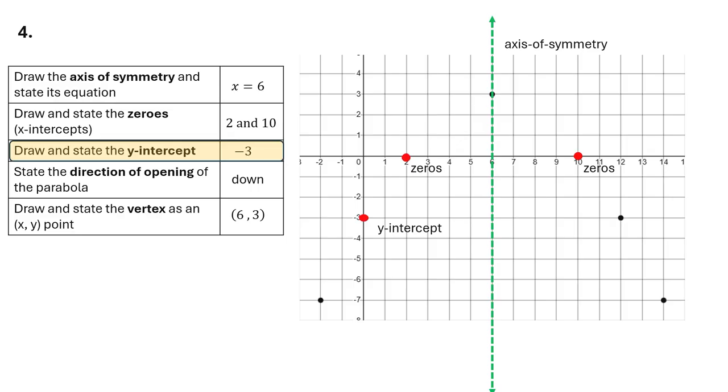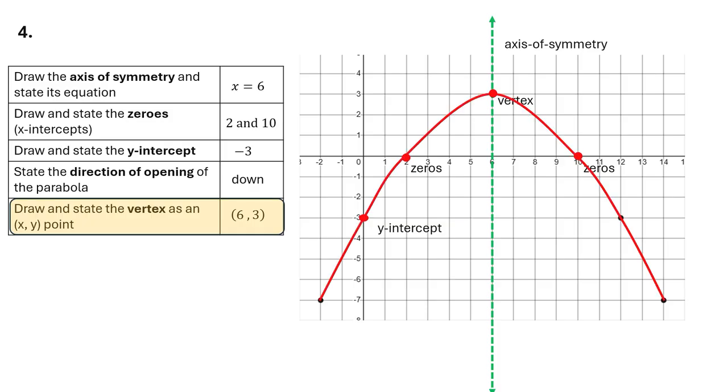The parabola opens facing down. And our vertex is at the point 6, 3. And now we can connect our points and sketch our parabola, which roughly gives us something that will look like this.